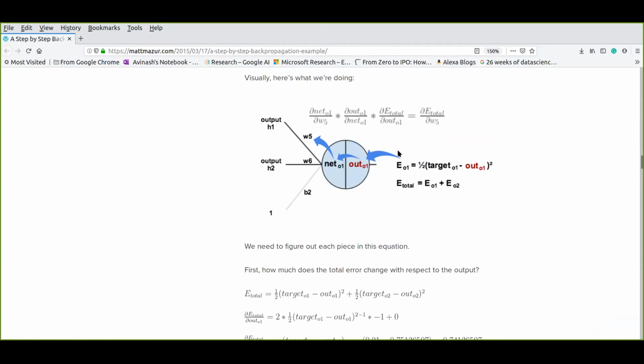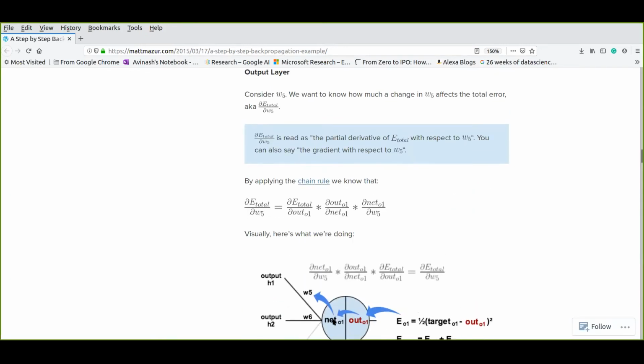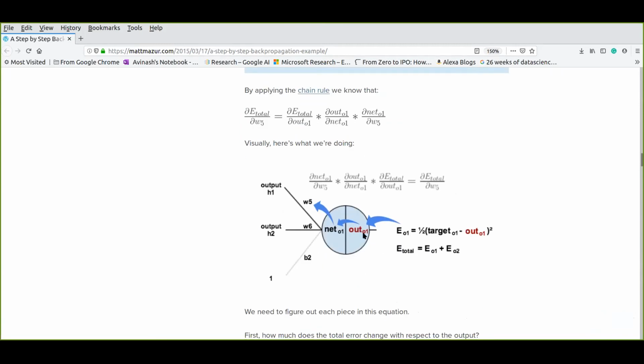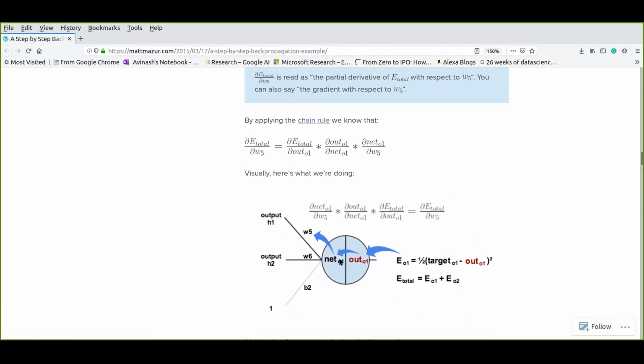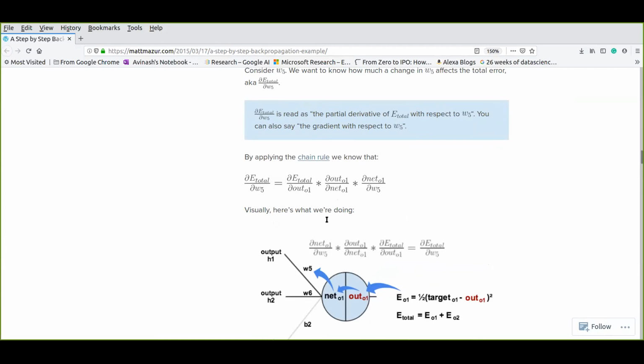E total depends on output O1, and output O1 depends on net O1, because output O1 is the output of the sigmoid function, which takes net O1 as its input, and net O1 is generated by weighting the input with the weight W5. That's how this works. I hope this part is clear, because the same thing is going to be repeated for every other weight.